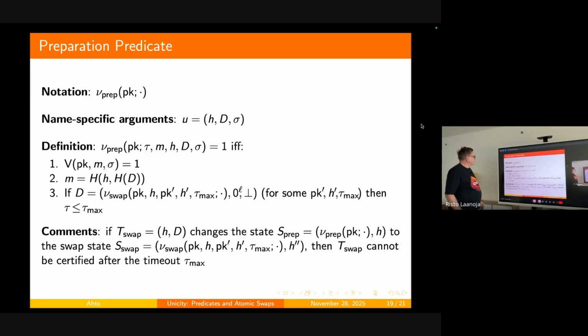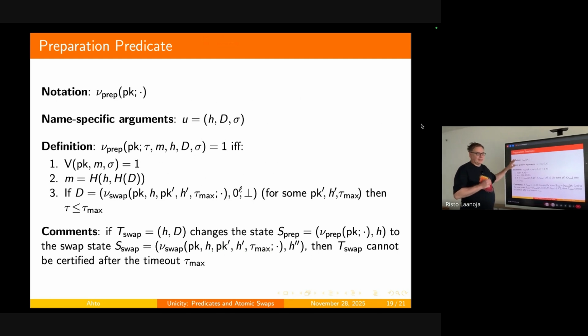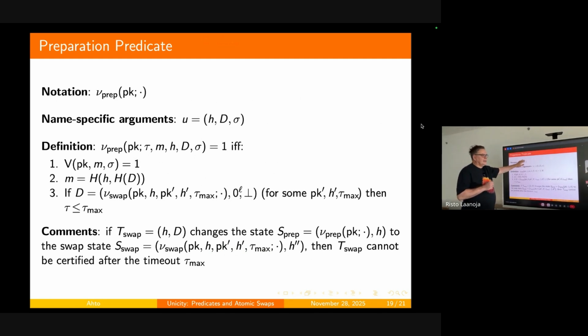Okay, so what is the preparation predicate? It has one parameter, the public key. Note that if the token is in the preparation state, then the previous owner still has full control over the token. He can transfer it to another state, or if he wants to follow the swap, he transfers it to the special swap state.